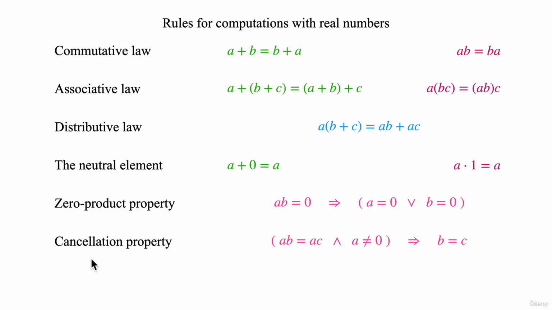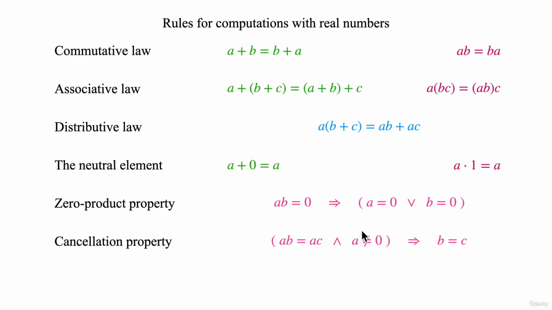Then we have this cancellation property. And what does it tell us? That if AB is equal to AC, and this small guy is a mathematical symbol for AND, A is non-zero, is different from 0, then B must be equal to C. And why is it called a cancellation property? Well, you can think of it that you can divide both sides of this equality by A, and the equality will still be preserved.